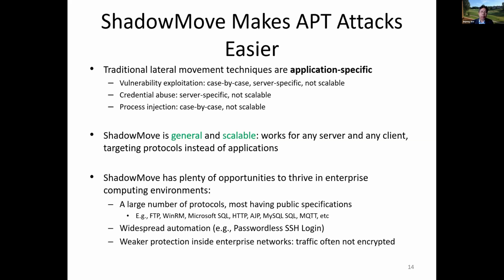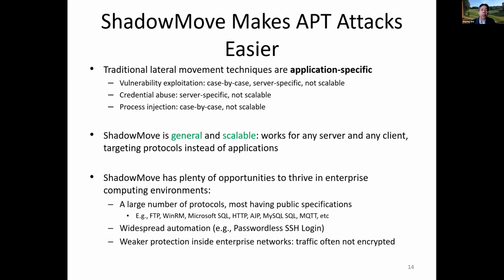Also, in today's enterprise environment, ShadowMove has plenty of opportunities to cause damage. First, there are a large number of protocols that have public specifications, for example FTP. Because they are public, the attacker has enough time to study those protocols, find how to abuse them, how to inject a packet, and then build the attack tools.